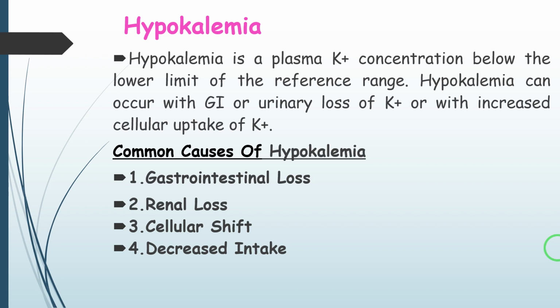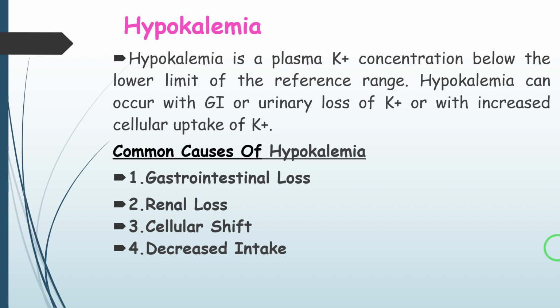In addition, any case of increase in the level of aldosterone, in case of hyperaldosteronism, also will lead to hypokalemia, because aldosterone favor the sodium retention and potassium loss. So any case of hyperaldosteronism can lead to hypokalemia, because it will be exchanged for sodium.